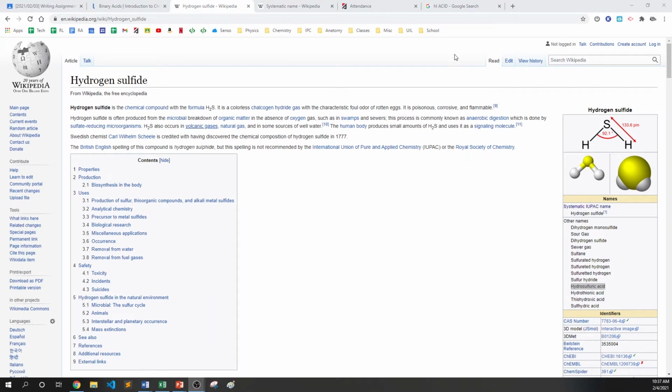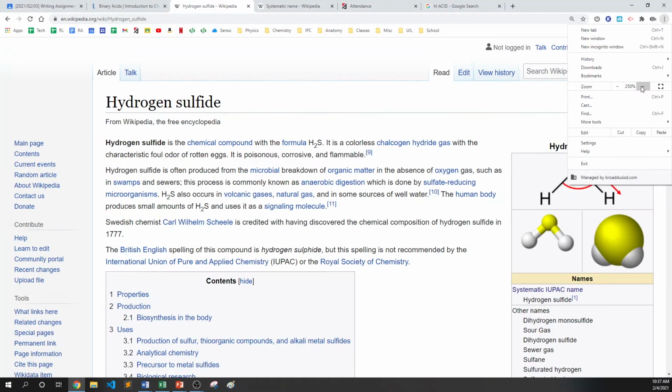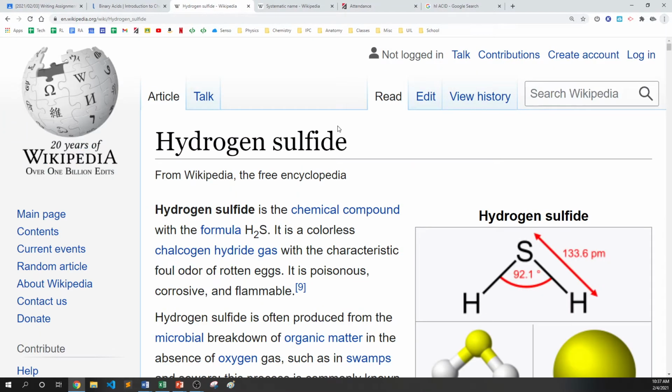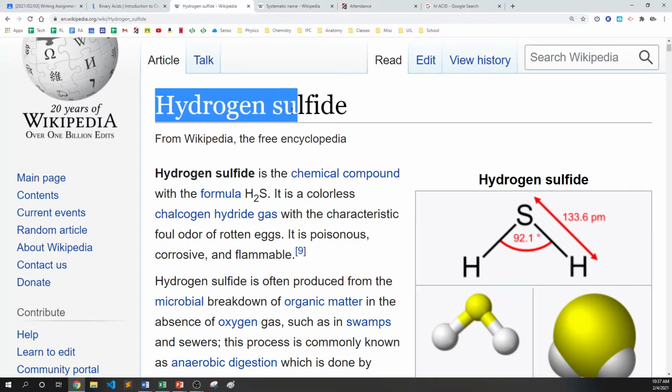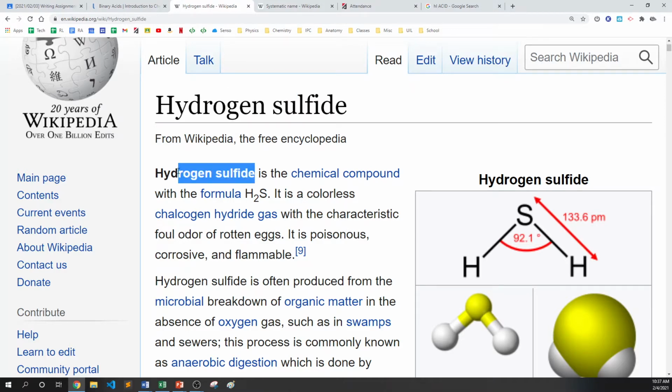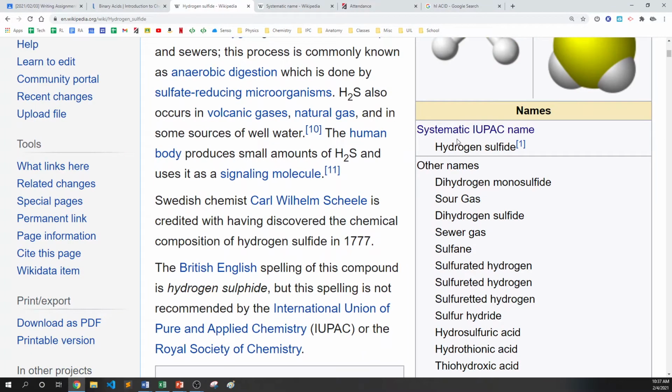I really want to illustrate this under our current naming scheme. So I'm looking at hydrogen sulfide. This is an ionic bond, so we normally would classify this using the ionic name, hydrogen sulfide. So the systematic name given to it is hydrogen sulfide.